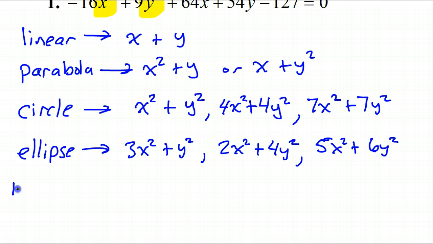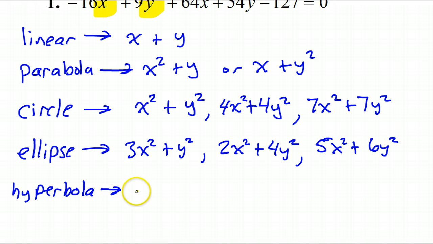That leaves hyperbola. The key thing about a hyperbola is one of them is going to be negative and one of them is going to be positive. So for example, I could take any of these examples. Well, they both have to be squared.